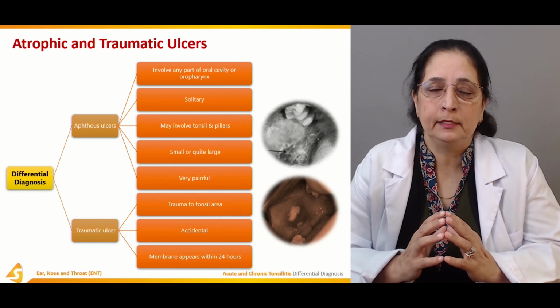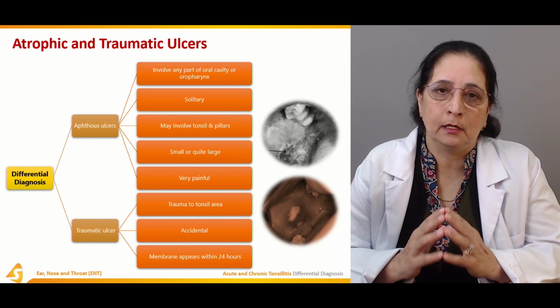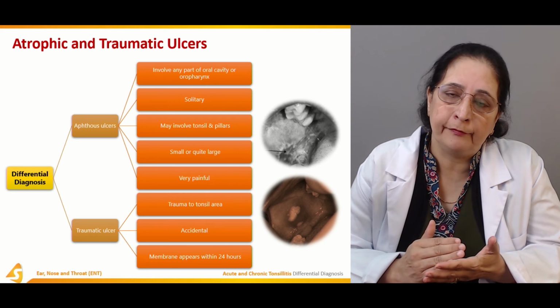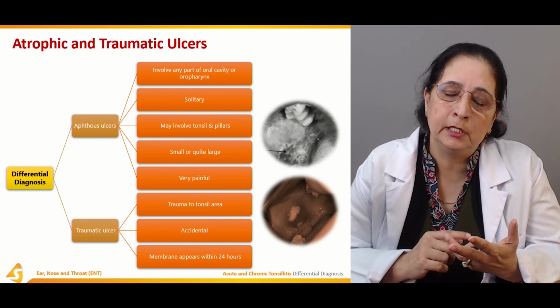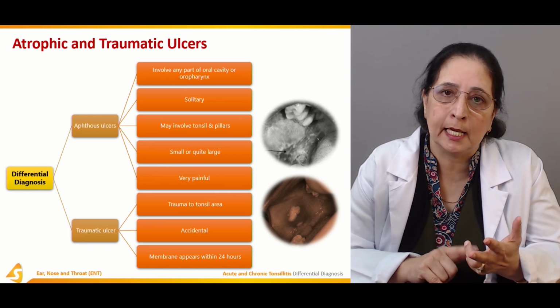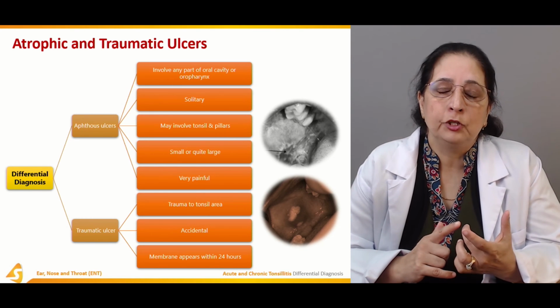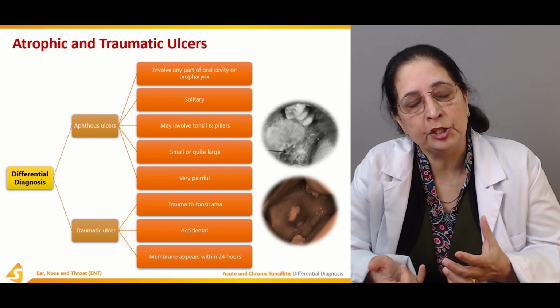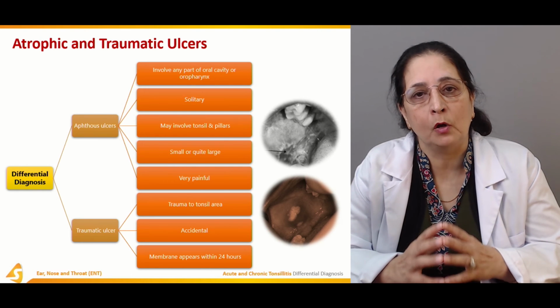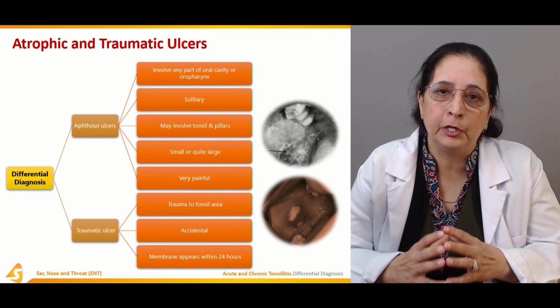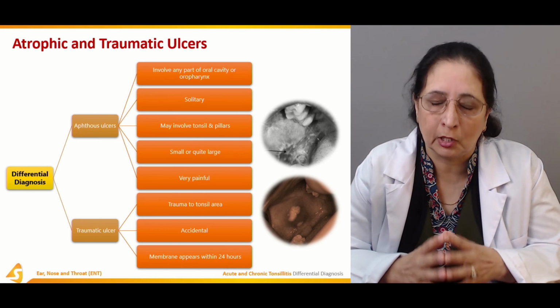So for all these differential diagnoses, we first have the membranous differential diagnosis, in which we discussed membranous tonsillitis, then diphtheria, then Vincent angina and infectious mononucleosis. All these four types lead to the formation of membrane over the tonsils.